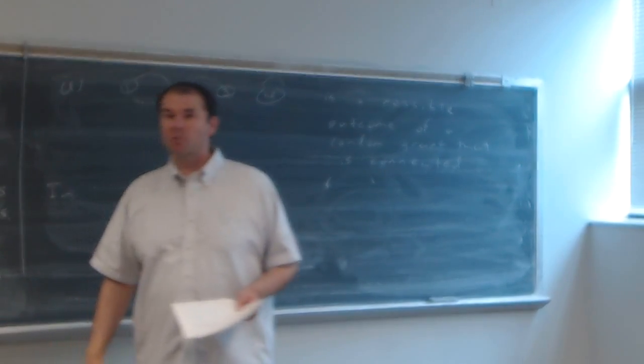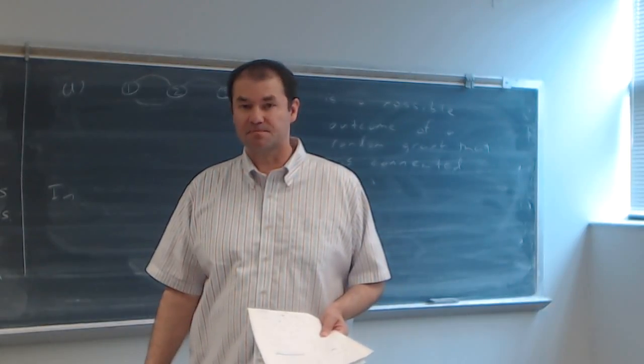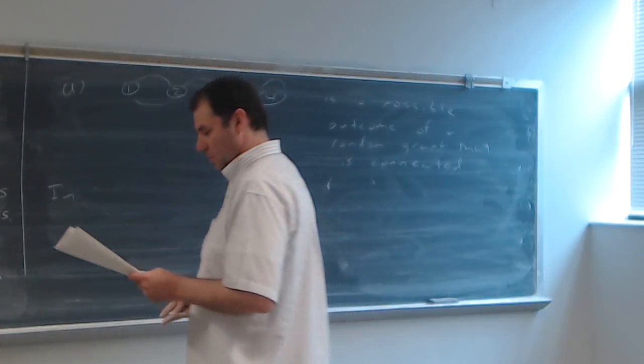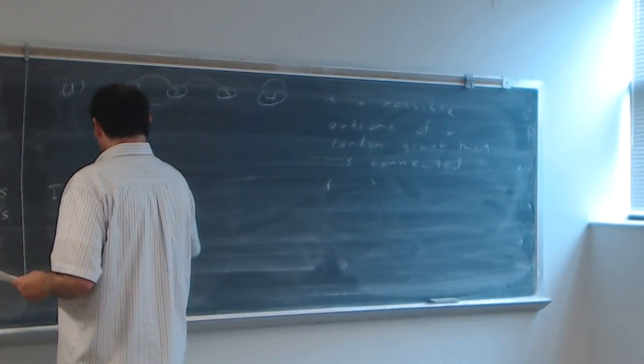Well, I said we were going to compute the probability that a random graph is connected. Got lots of outcomes. And so we're going to look at a construction to help us with that. So let me write that down.